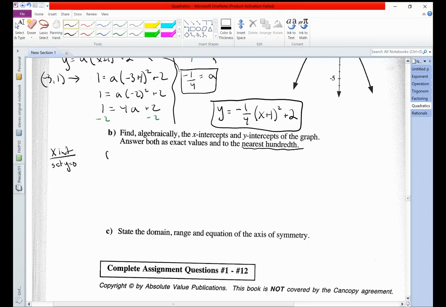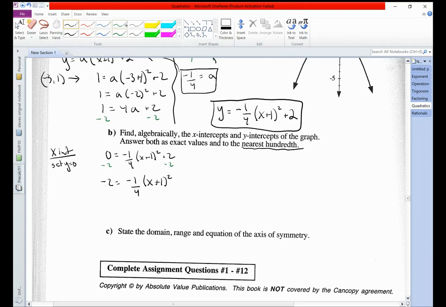So we have 0 is equal to negative 1/4 (x + 1)^2 + 2. So we can subtract 2 on both sides, and then we're left with negative 2 is equal to negative 1/4 (x + 1)^2.